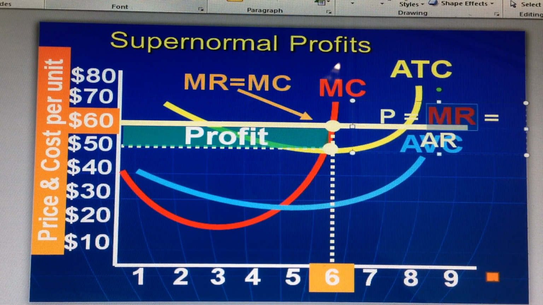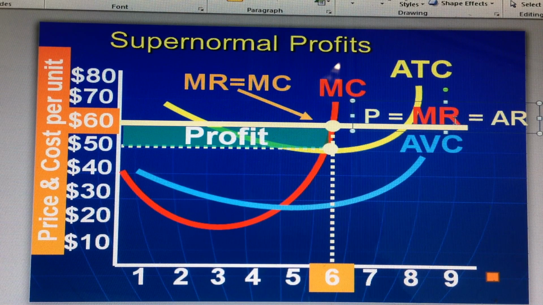Now look at this MR. This MR is actually referring to the horizontal line. MR equals MC is actually talking about this point. Can you see? So this point is the amount that you should produce if you want to maximize profit or minimize losses. In that case, it is here, which is 6.